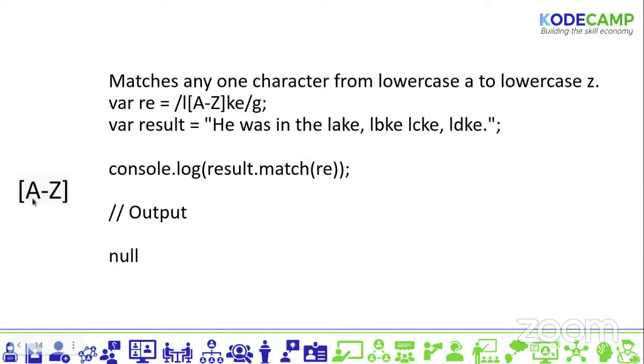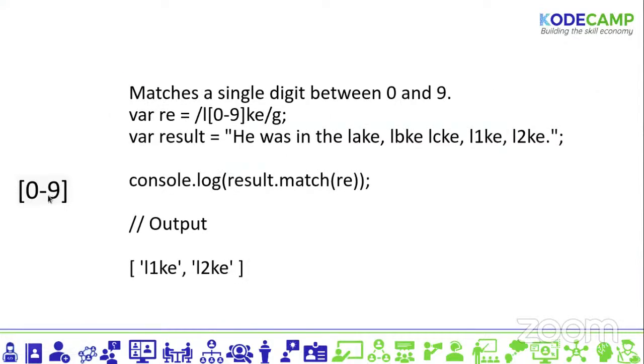It doesn't have to start from A and end at Z. You can actually change this to whatever range of letters you want to check that pattern for. And the same thing with numbers. It doesn't have to be from 0 to 9. It can be from 1 to 5. It can be from 2 to 8. It can be from 5 to 9, for example.